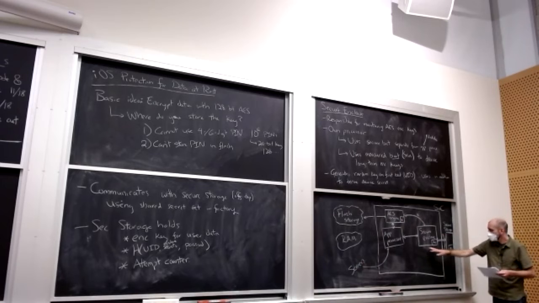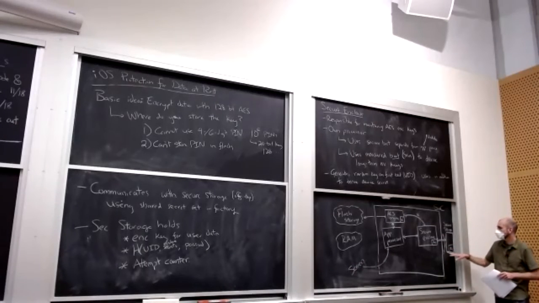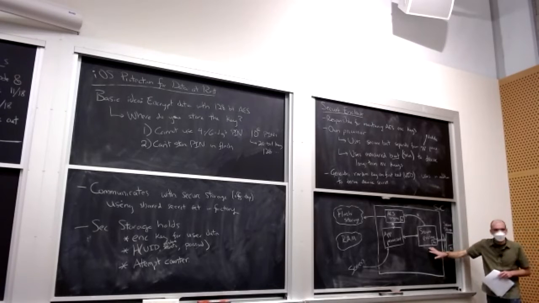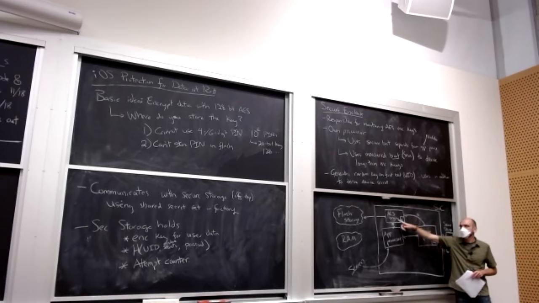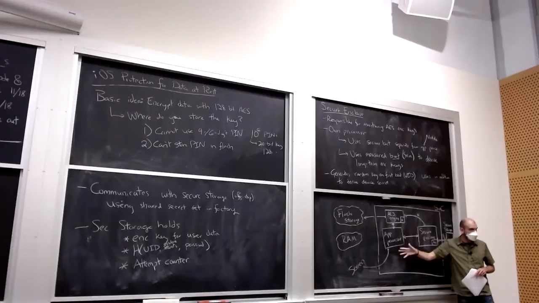What the secure enclave will do is talk to this secure storage over this secure channel. It will derive the hash of the PIN using its secrets, and send that hash of the PIN to the secure storage. If the PIN is correct, the secure storage will return this encryption key to the secure enclave, who can pass it to the AES engine, who can decrypt your data.